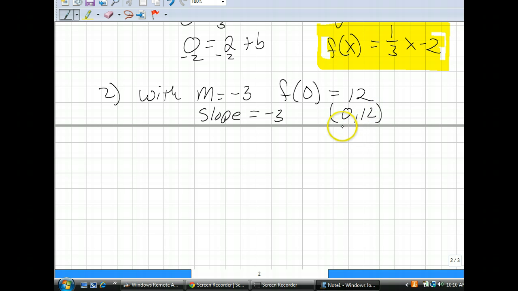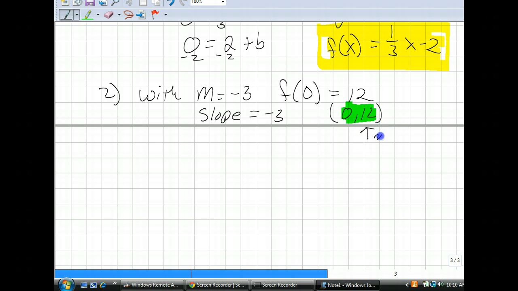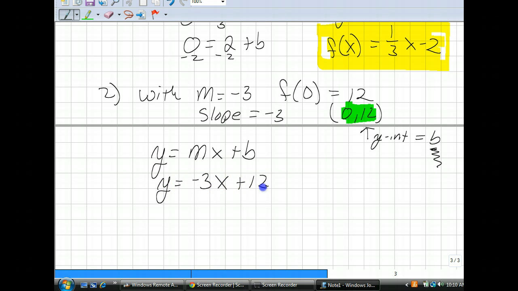But what do we know when it's this form, (0, 12)? Well, when x is 0, that is the y-intercept, which we know is equal to b. So in this case, they're giving us the slope and the b value. So we can use y equals mx plus b, exactly what we did earlier in the chapter. Replace m with negative 3, replace b with 12.